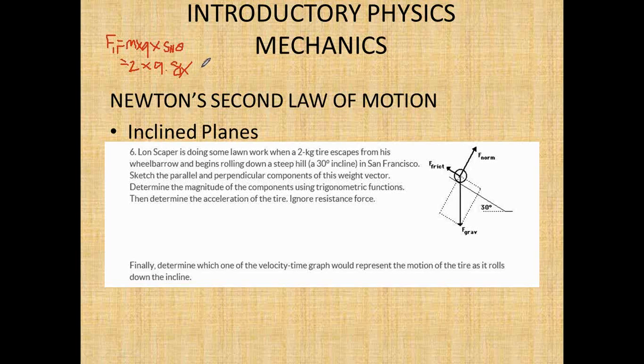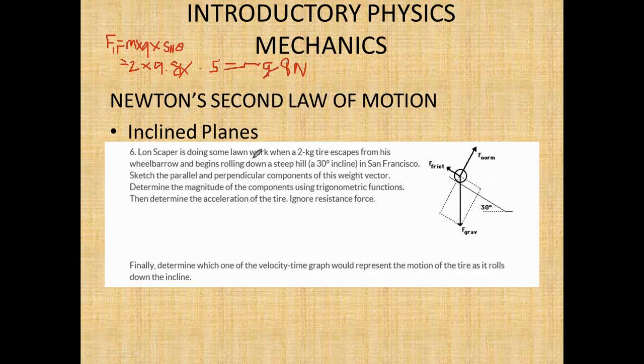So sine of 30 is 0.5, times 0.5. So that's 9.8 newtons. So the net force pulling the tire down the inclined surface is 9.8 newtons.